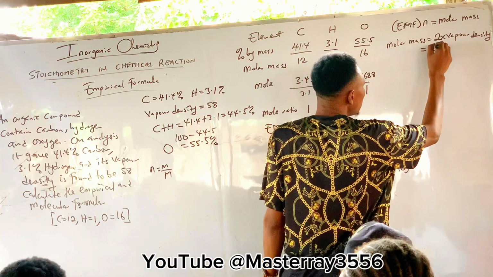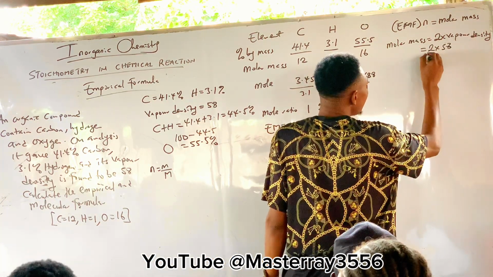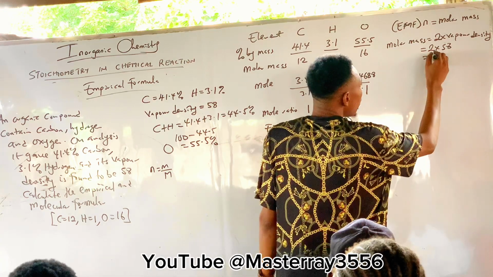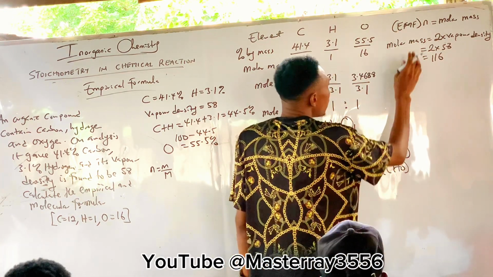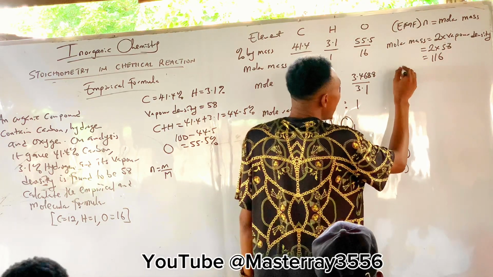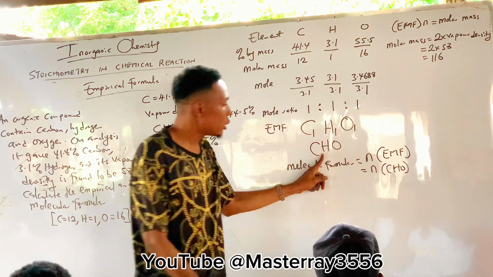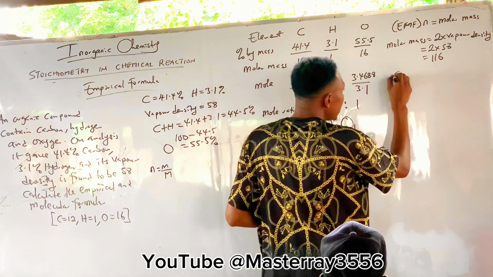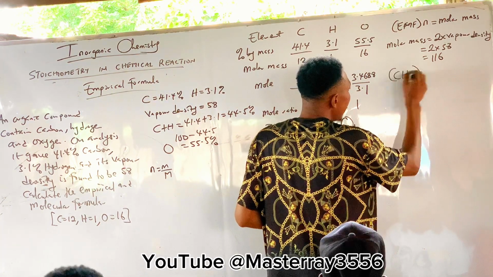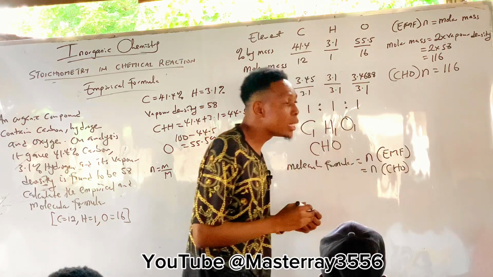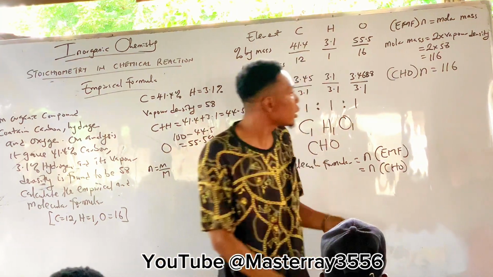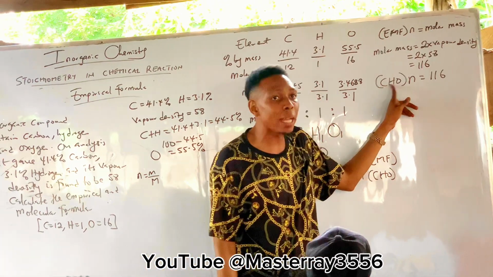So we have 2 times 58, which gives you 116. So we can move back to our EMF, CHO. Then our CHO times N equals 116.